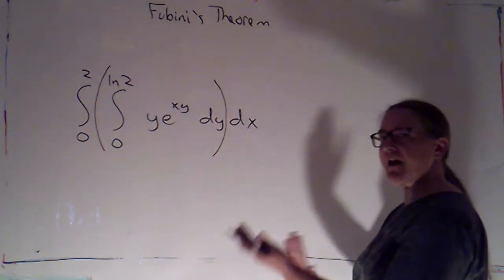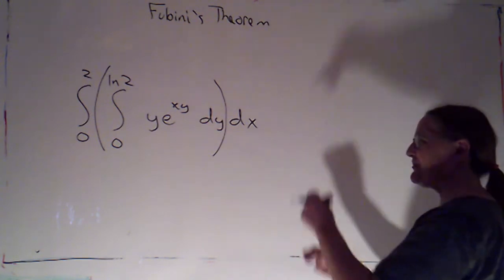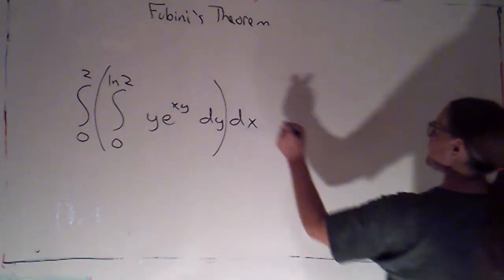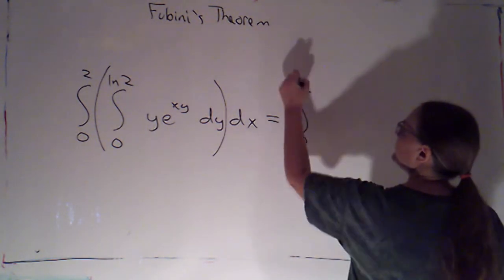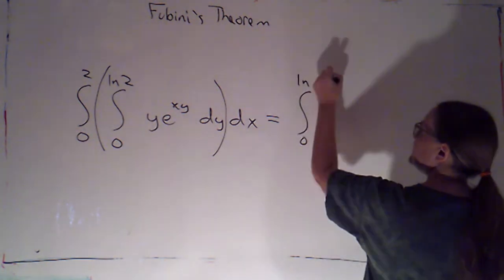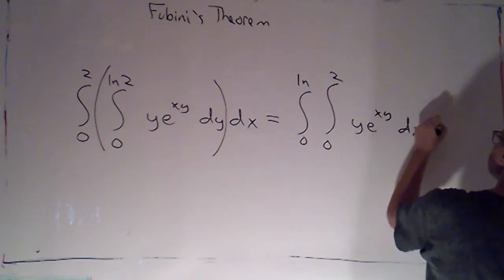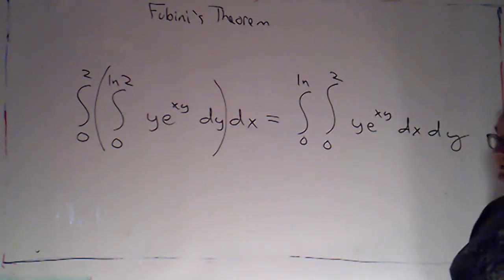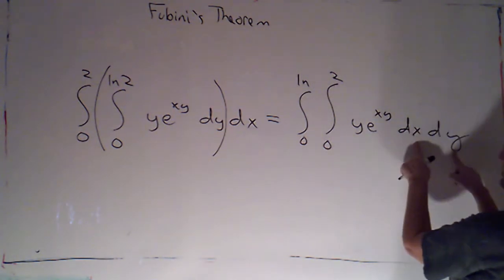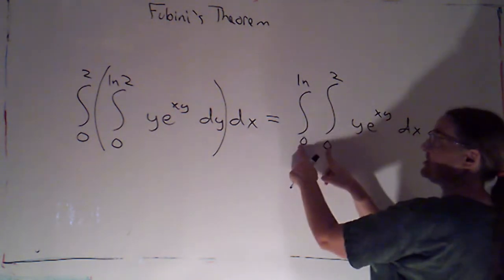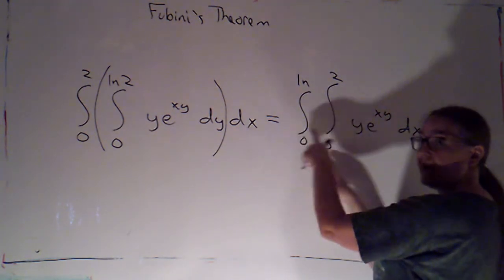Notice what happens if I Fubiniize, if I switch the limits, the order of integration. Okay. I'll have the integral from 0 to natural log of 2, 0 to 2, y e to the xy dx dy. Okay. So notice if I'm switching the order, that switches the limits of integration as well.